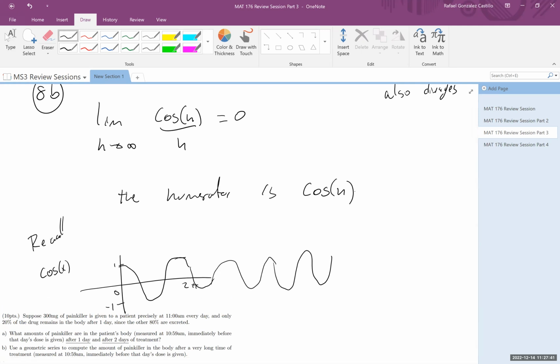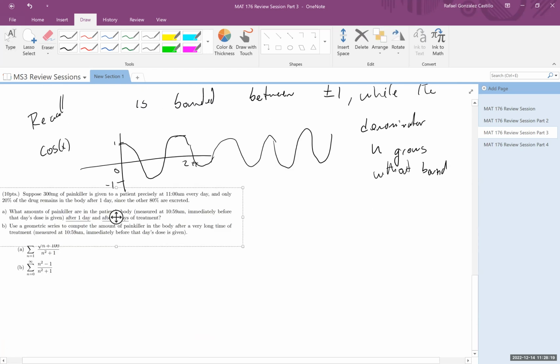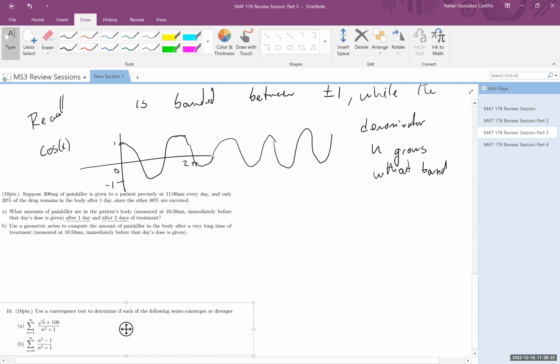So the numerator is cosine of n, which is bounded between plus or minus 1, while the denominator, n, grows without bound. If you allow n to go to infinity, you have 1, 2, 3, 4, 5, all of those numbers going in for n, but cosine is just oscillating between numbers that are as high as 1 or as low as -1.